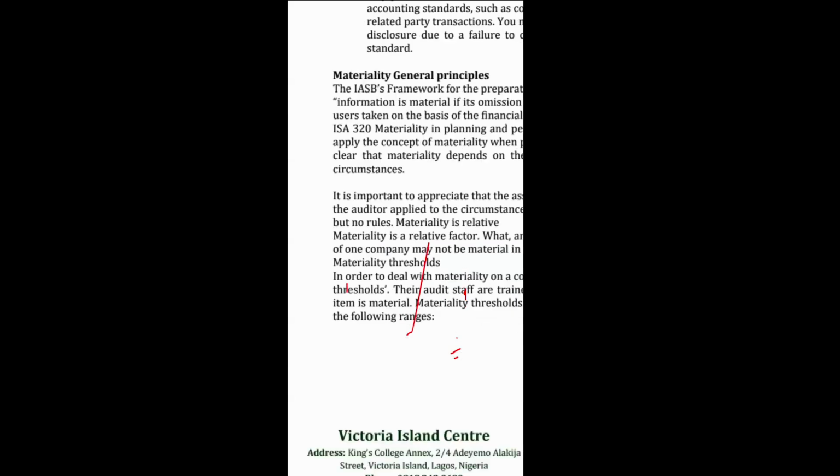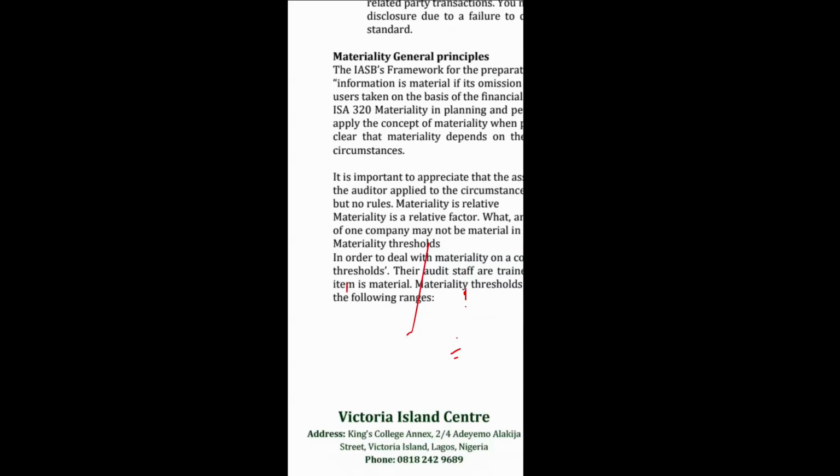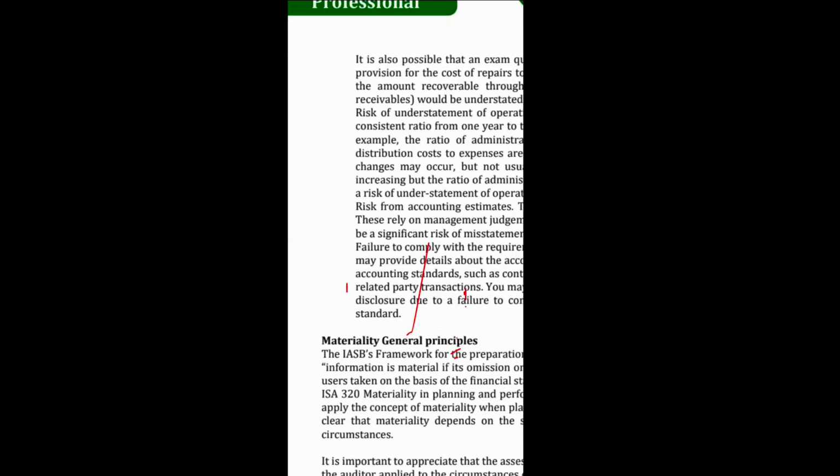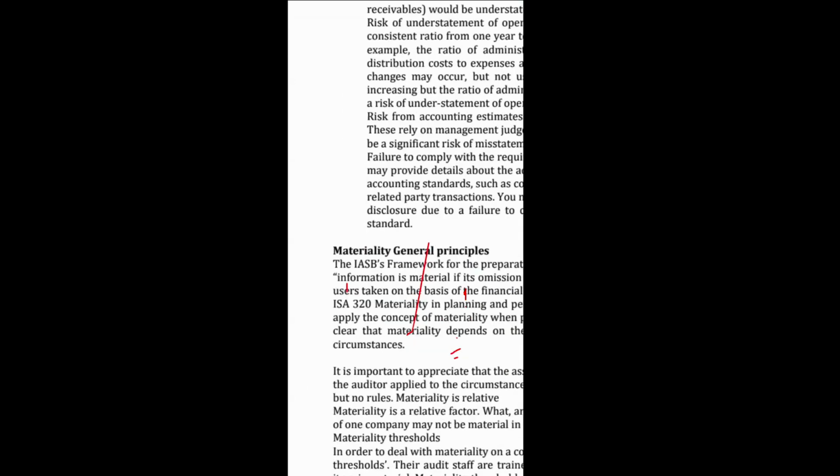Let me give an instance. The auditor wants to audit an oil and gas company. What are the things that he needs to consider? Some of the things the auditor will need to consider is to look at the nature of the client business.